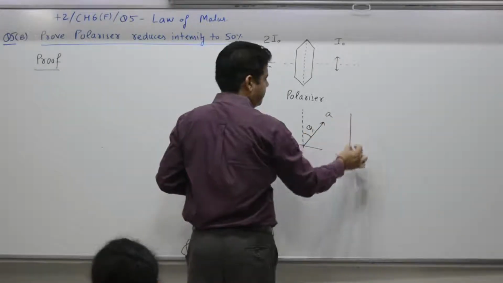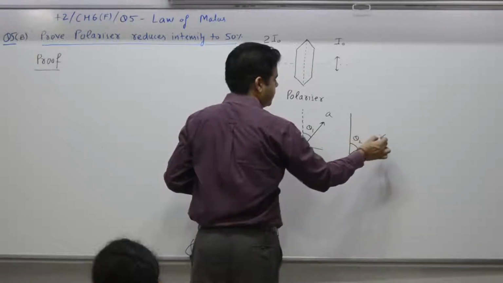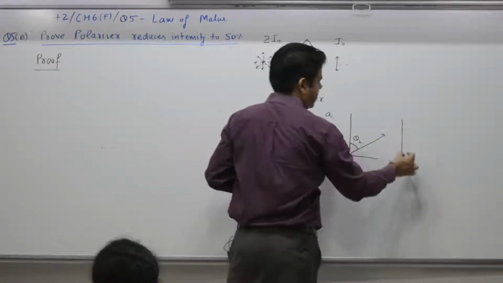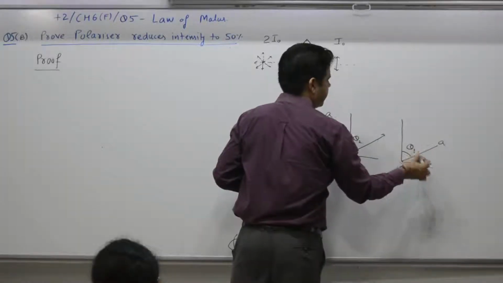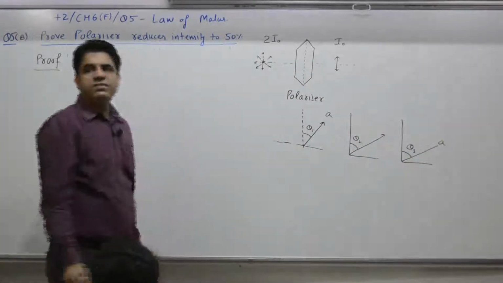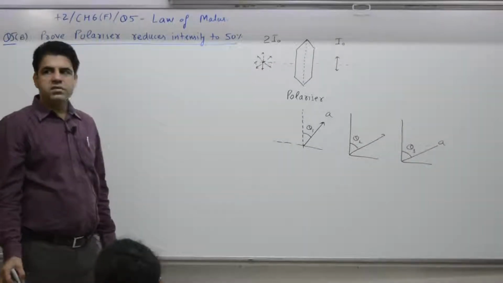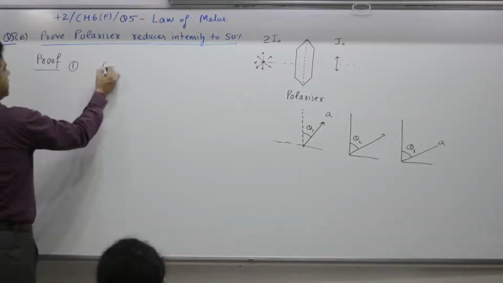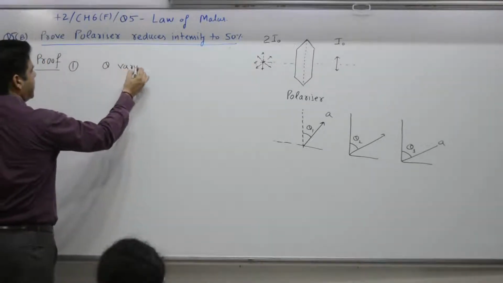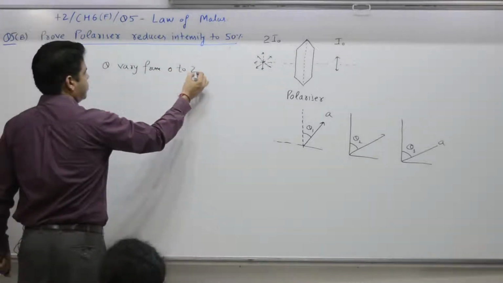Another wave, again amplitude A, makes angle theta 2. Another one, amplitude A, makes angle theta 3. Various waves can have angle variation from 0 to 2 pi. That means theta may vary from 0 to 2 pi.